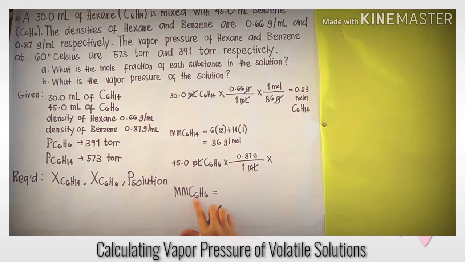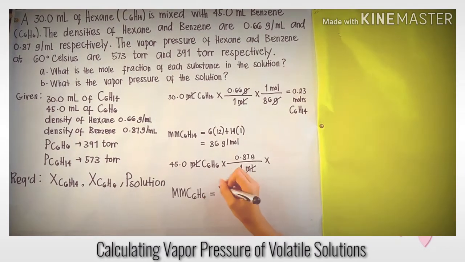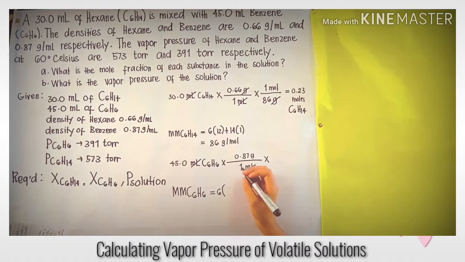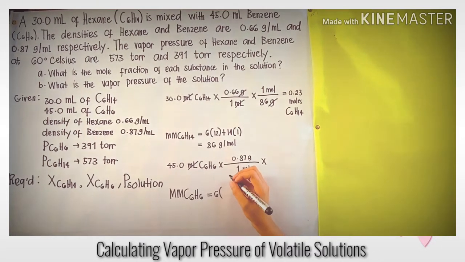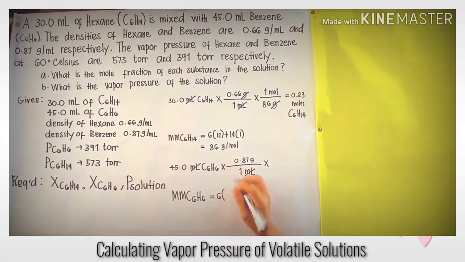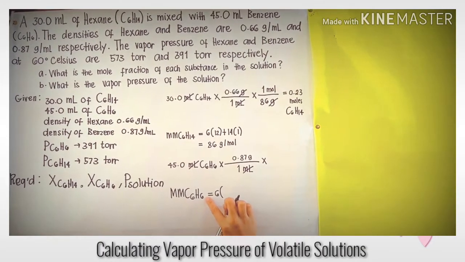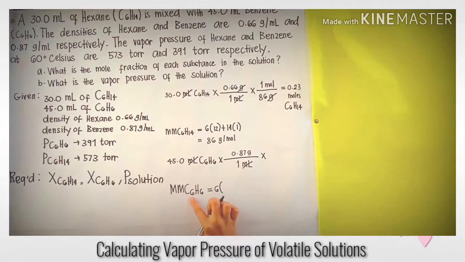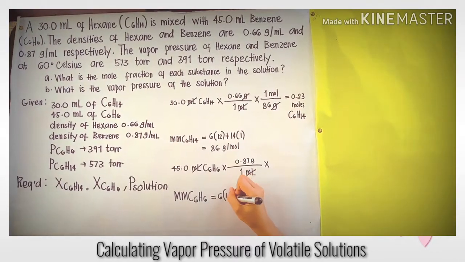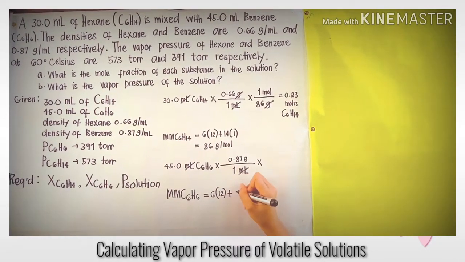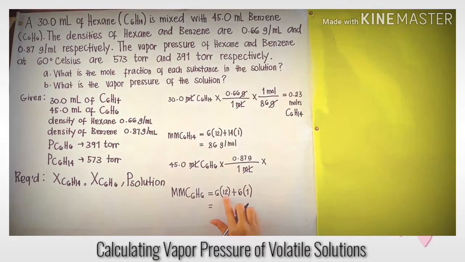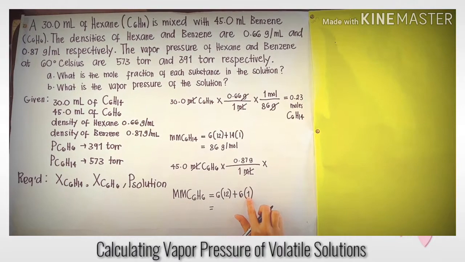So we have 6 carbon atoms and 6 hydrogen atoms. From the periodic table, the atomic masses of carbon and hydrogen in benzene are carbon 12 and hydrogen 1. So that's going to be 6 times 12 plus 6 times 1.